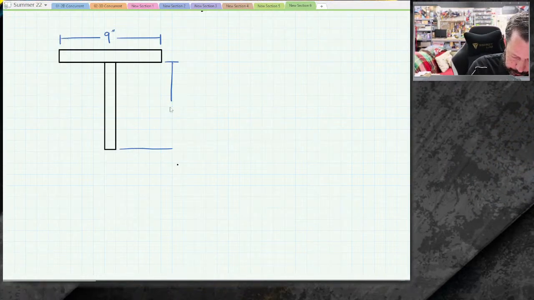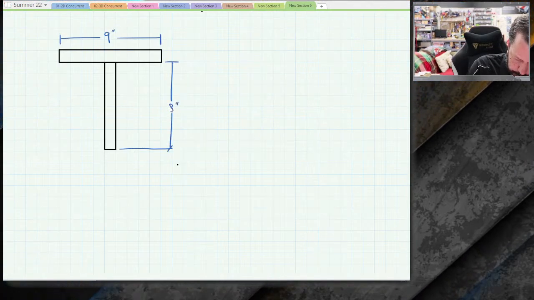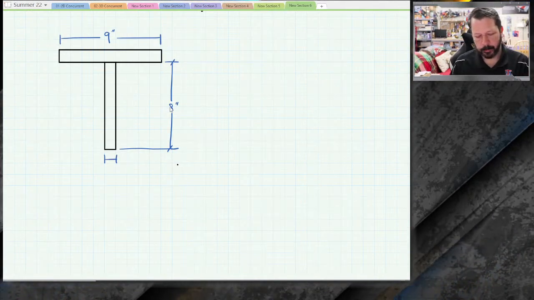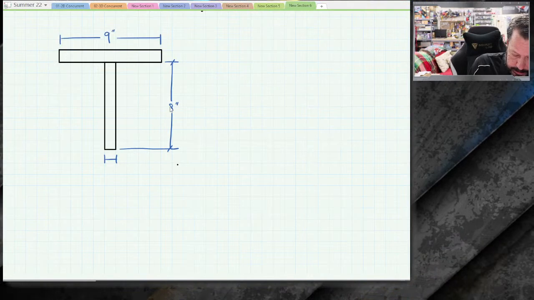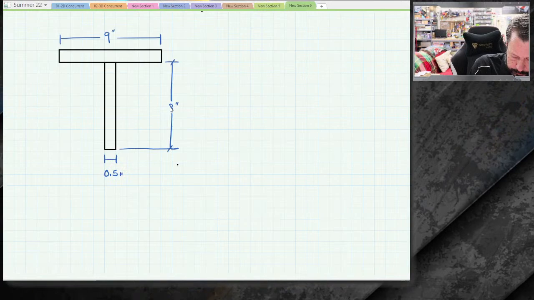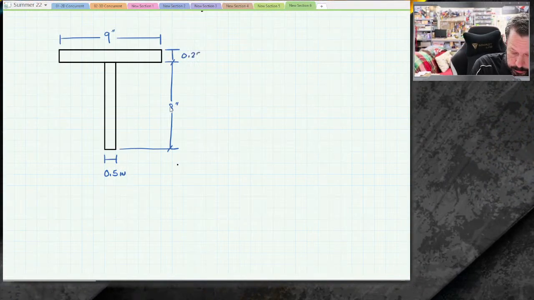We'll do 8. And then 1 inch would be really thick for one of these things, so let's say that the stem here is a 1/2 inch, and let's call the flange 1/4 inch, just so we have different numbers.